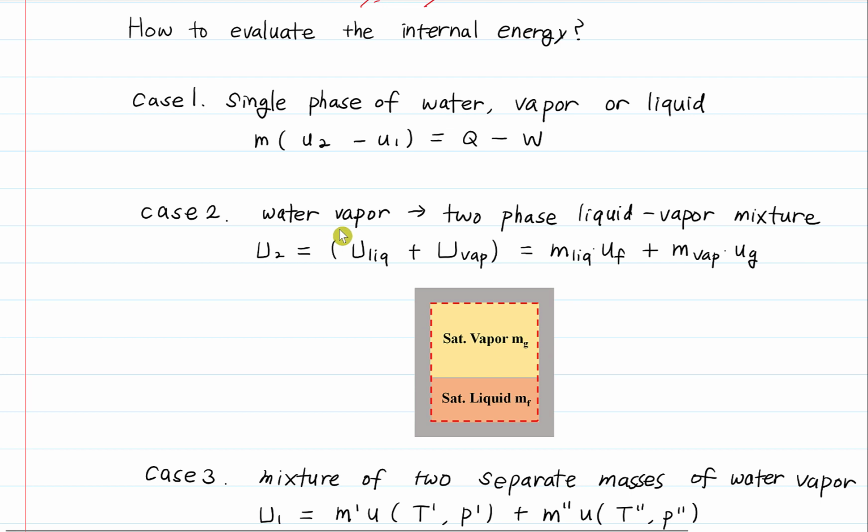The total internal energy is the sum of the internal energy of the liquid water and the internal energy of the water vapor. So it can be expressed as mass of the liquid times specific internal energy of the liquid, plus mass of the vapor times specific internal energy of the vapor.